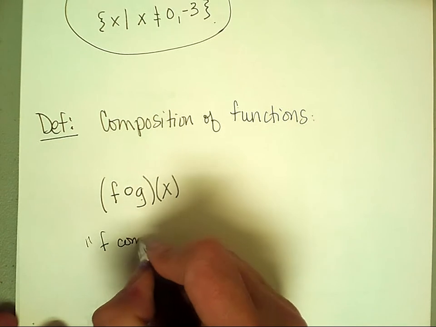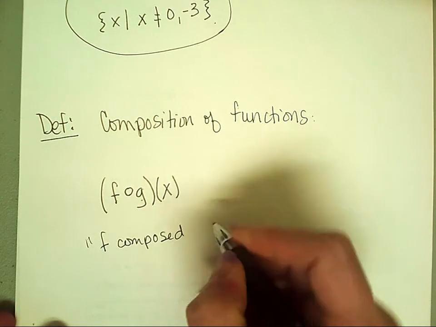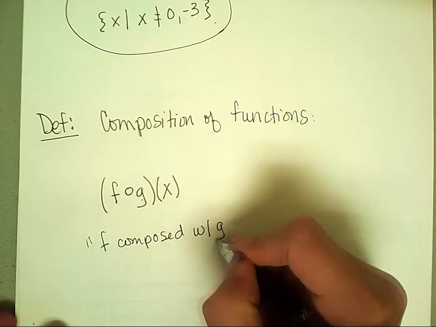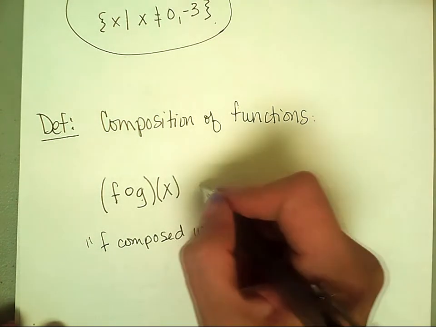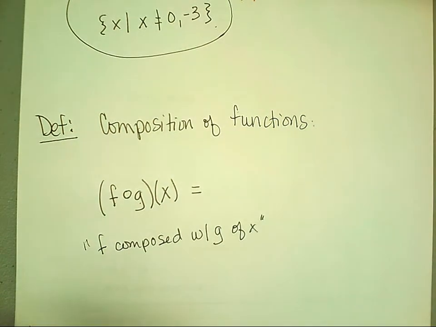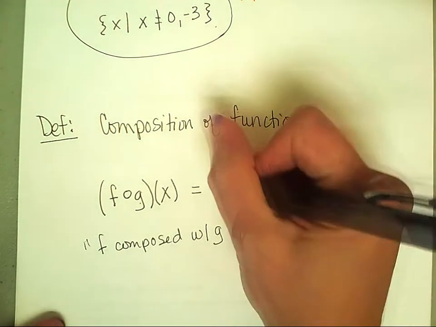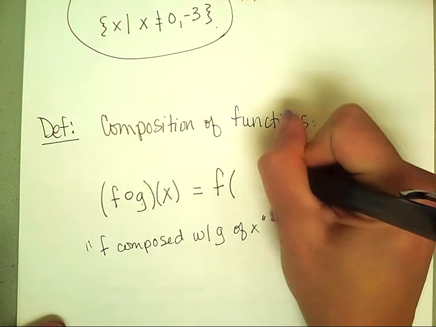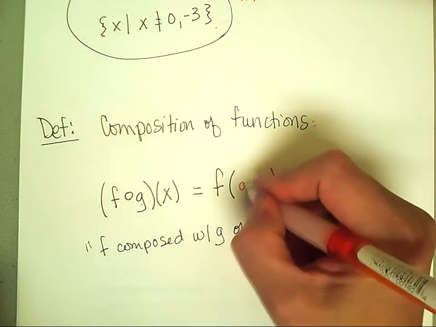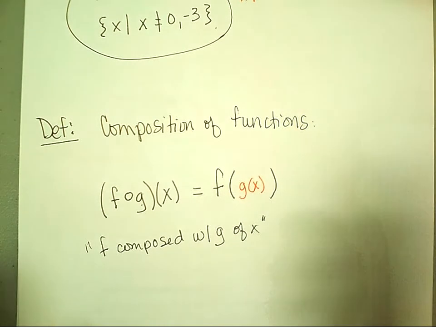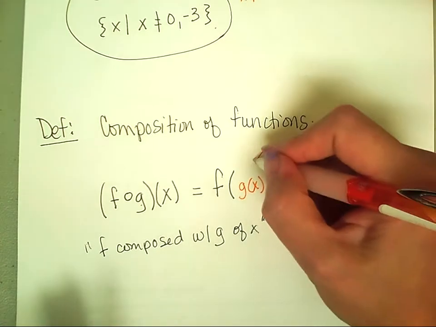So let's write that down. f composed with g of x. And what that means is when we compose two functions, f is our outside function, and as opposed to having the input of f be x, the input will be the entire function g of x.